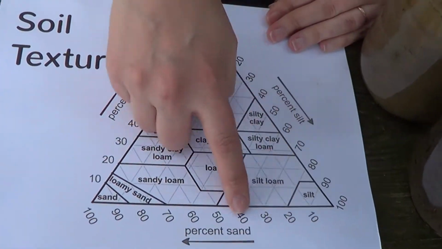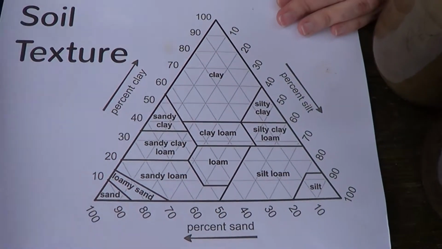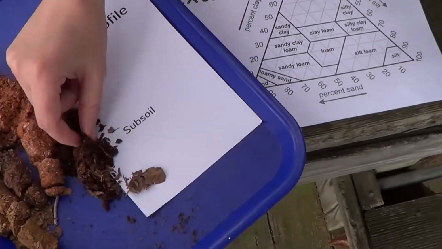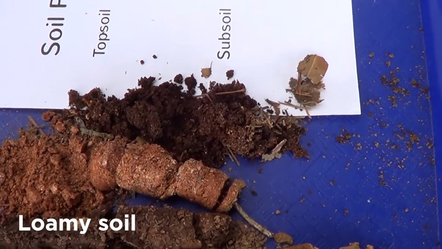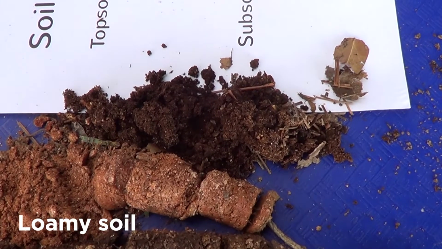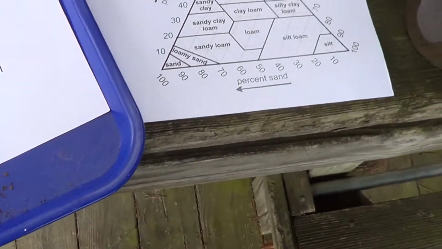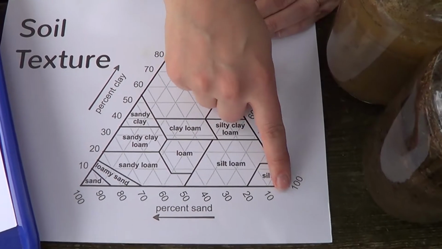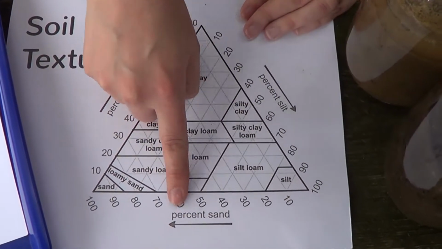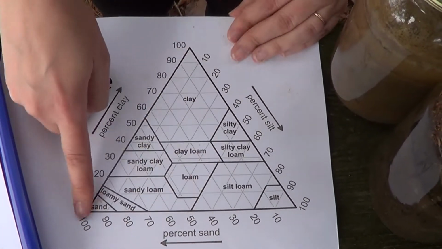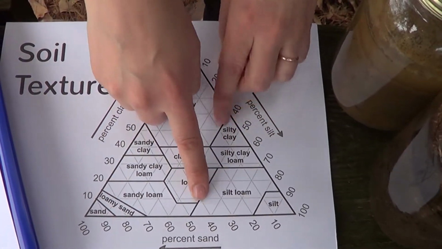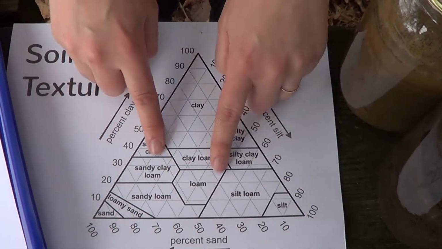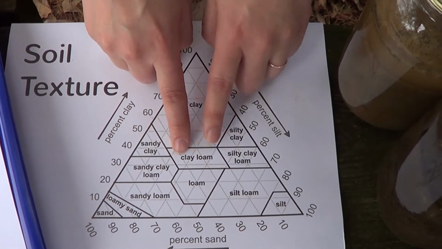Now the soil that we looked at most recently, this nice, rich, dark soil, is probably loamy soil. So let's look at our soil texture chart here. If you were to calculate this, you would say it's about 50% sand and a little bit of clay, a little bit of silt, and in the middle, we probably have clay loam or loam.